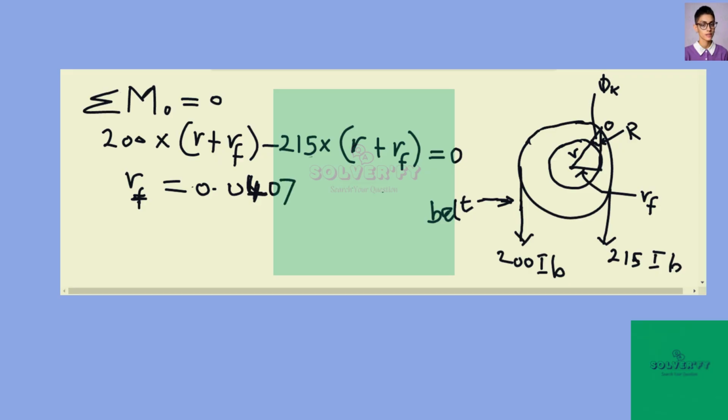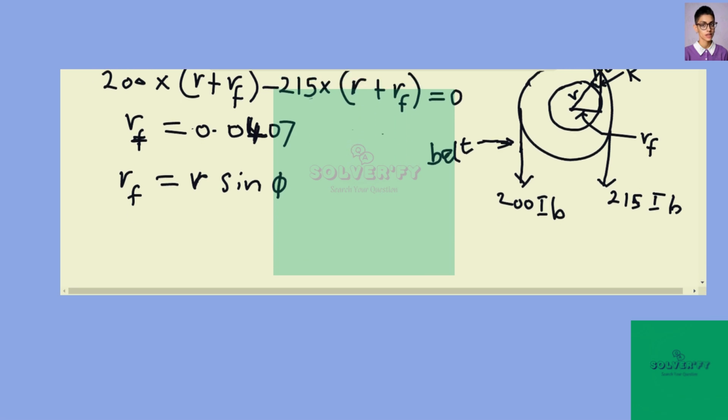Now we know that for our friction circle radius, the relation is r_f is equal to r sine of the angle of kinetic friction.